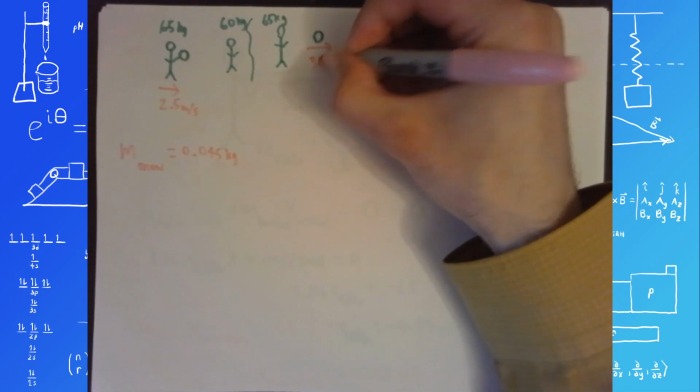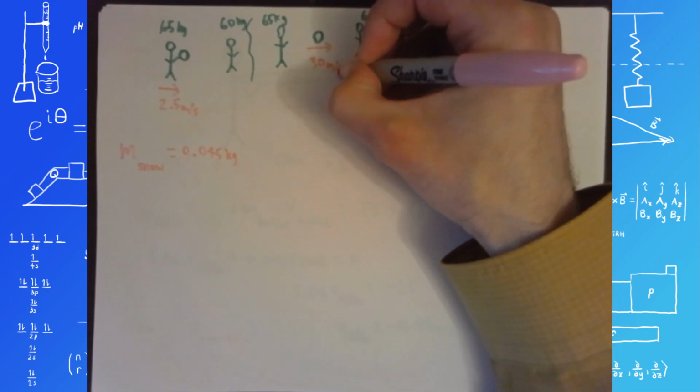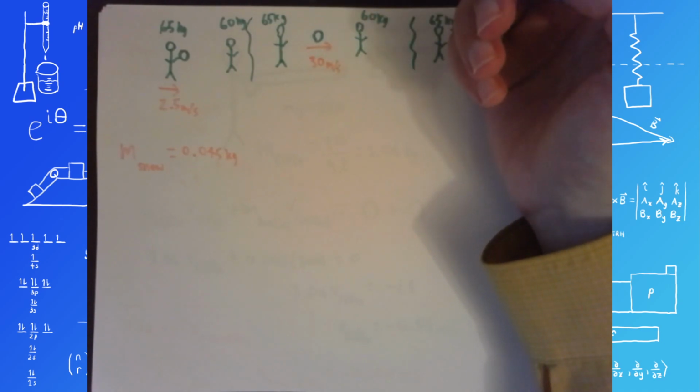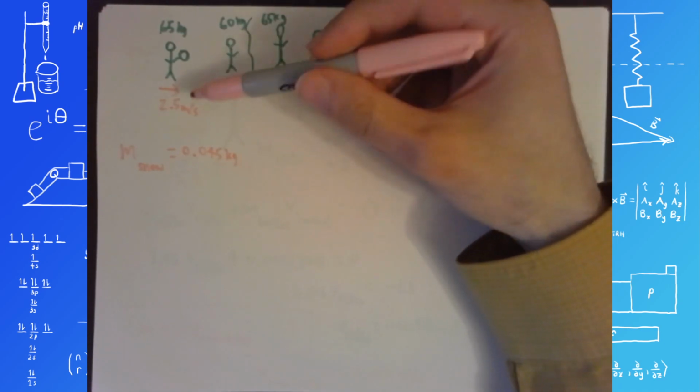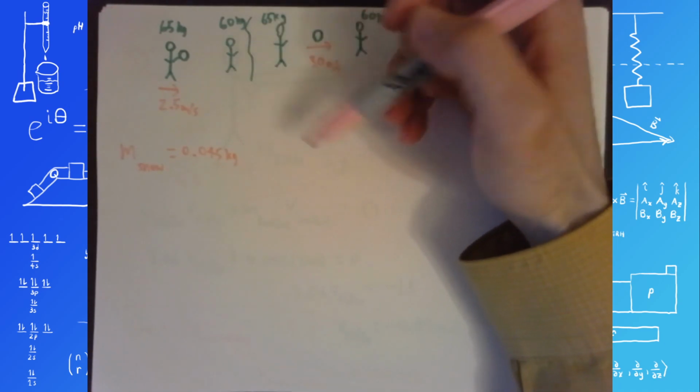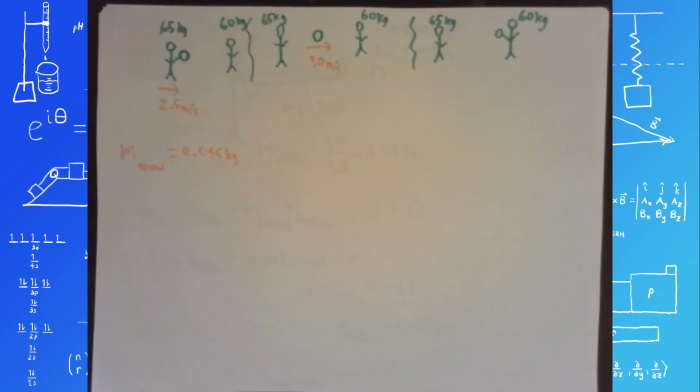That's 30 meters per second relative to the ground. In fact, all of the speeds that were given here are relative to the ground, which is good because then we don't have to add or subtract any of our velocities to figure out what their true ground velocity is.